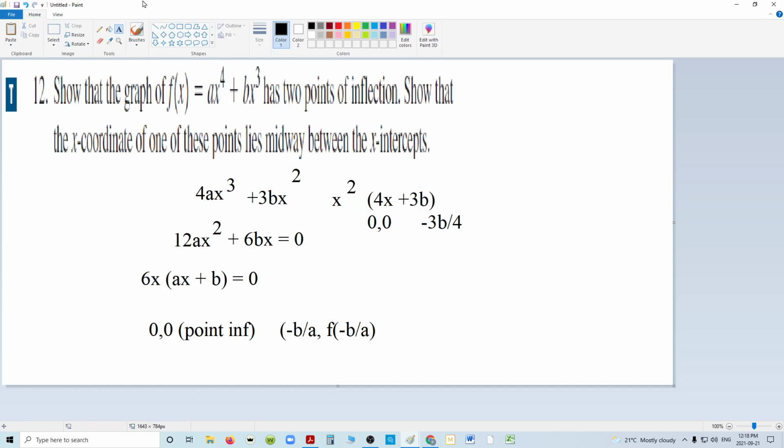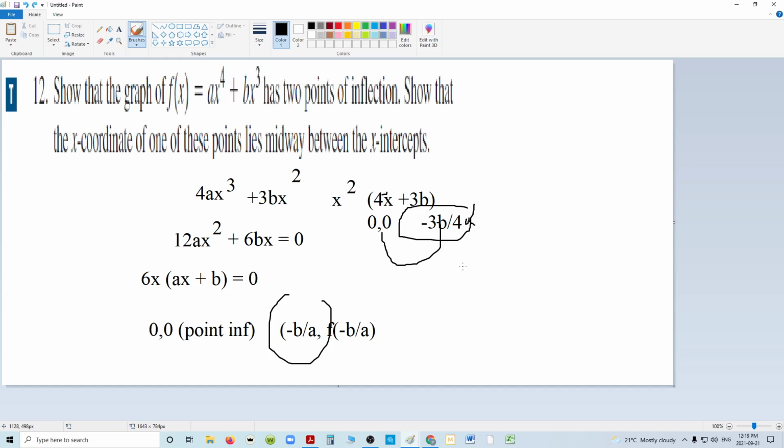Now, since one of the x-intercepts is minus b over a, oh, we forgot the a. So if I take that out, it's 4a, so over 4a here. Since one of the points of inflection is minus b over a, and the other one is minus 3 times b over 4a, don't know if I can prove it's halfway between the x-intercepts. So what's halfway between 0, 0, and minus 3b over 4a?